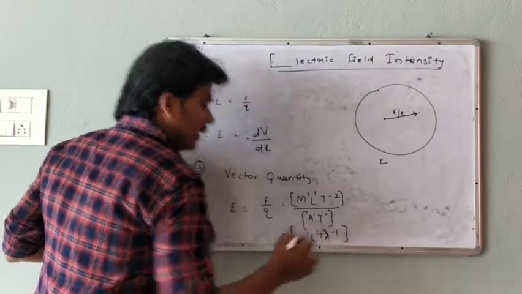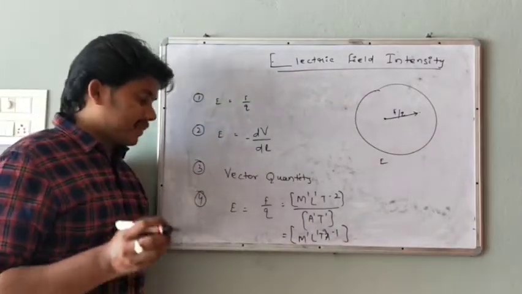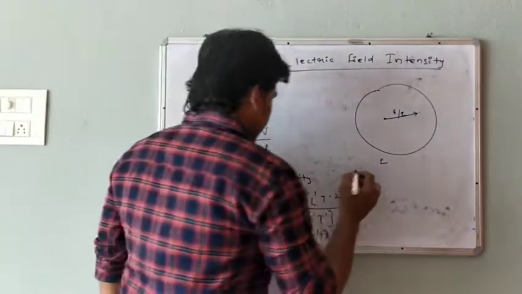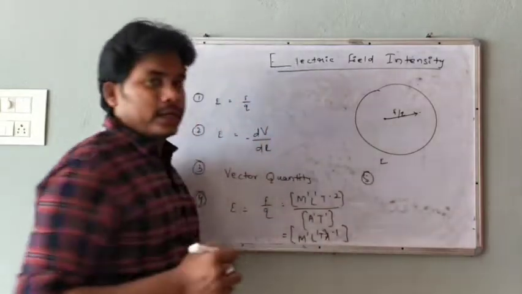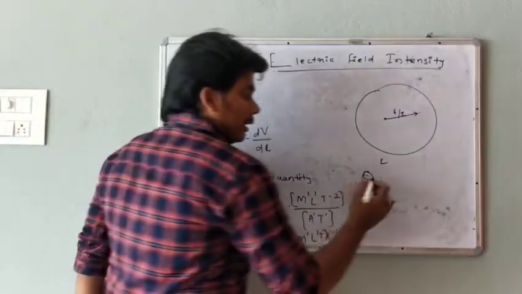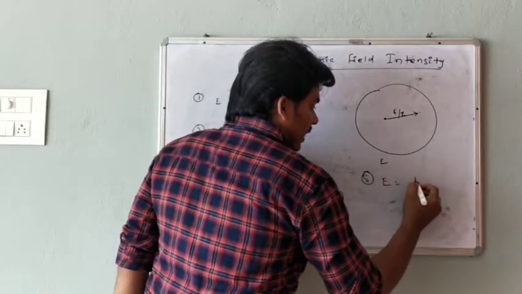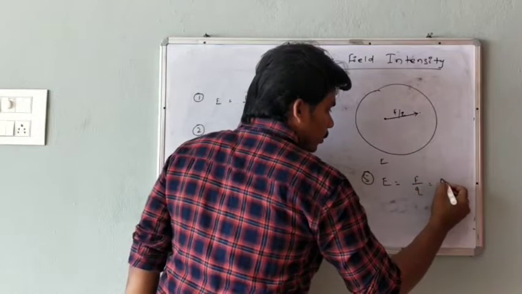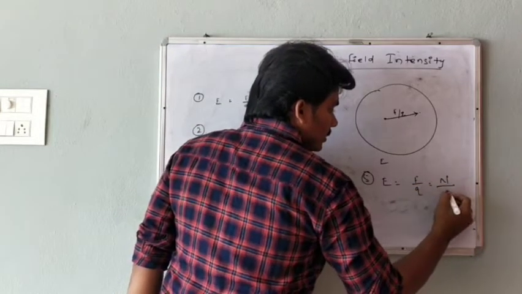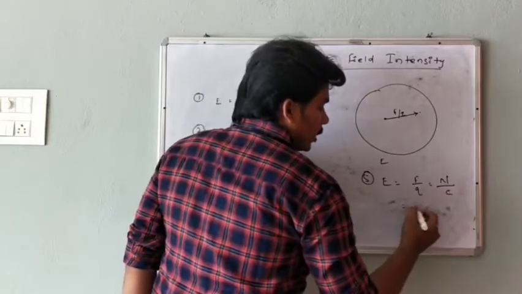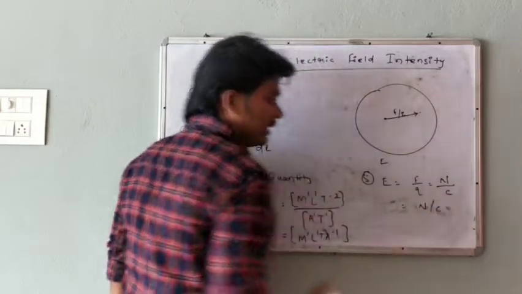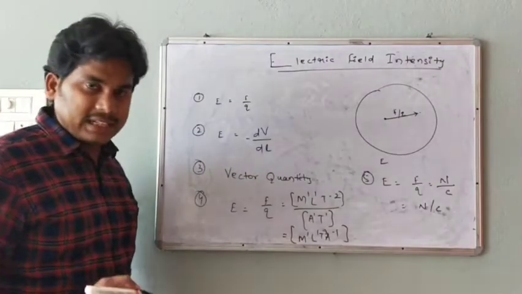This is the dimension of electric field intensity. In the same way, now we will discuss the unit. We know E, the electric field intensity, is F by Q. F is in Newton, and charge is in coulomb. Newton by coulomb will give the unit of the electric field intensity.